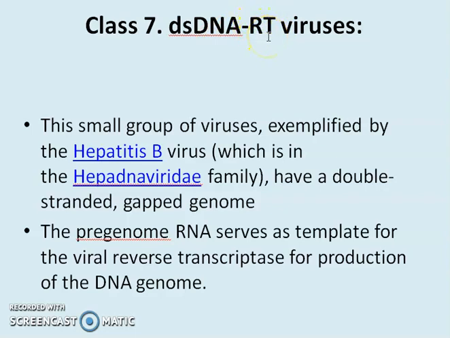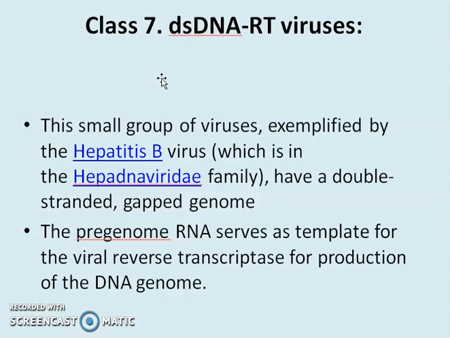It is because the double-stranded DNA of this virus is not complete, and it is a gapped genome. That is, in between certain segments we can see certain gaps, and these gaps are filled by RNA.